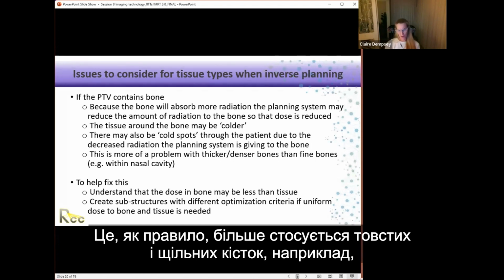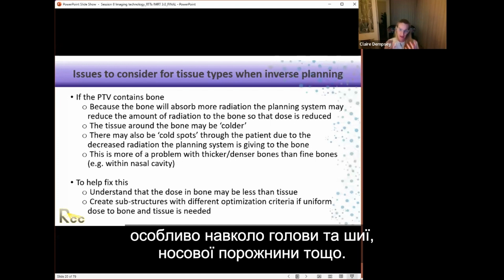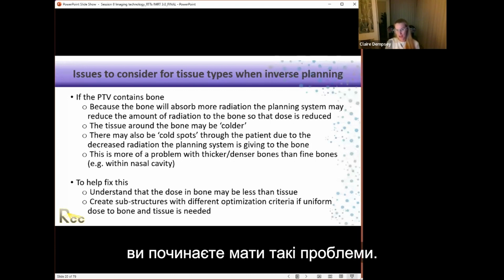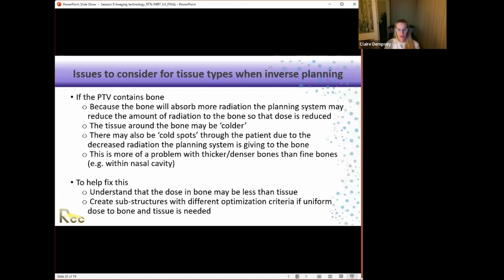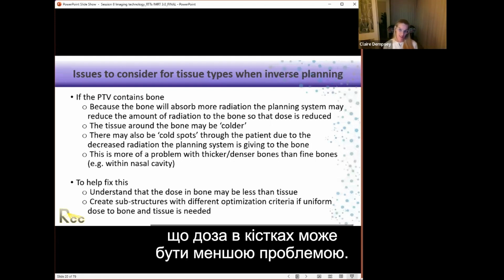This tends to be more of a problem with thicker, denser bones, so around the pelvis and things like that, than the really fine bones that you might see, particularly around the head and neck or the nasal cavity and things like that. So it's more when you've got thicker, denser bones that you start to have those kind of problems. So to help fix this problem, it's really important to understand that dose in bone may actually be less of an issue.